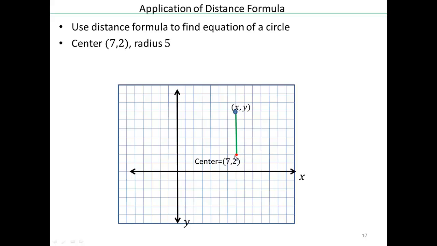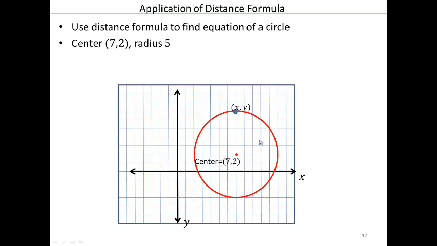This fixed point is called the center, and this fixed distance is called the radius. So if I want all points that are equidistant, they would have to go all the way around 7, 2, keeping a distance of 5 from this point 7, 2.